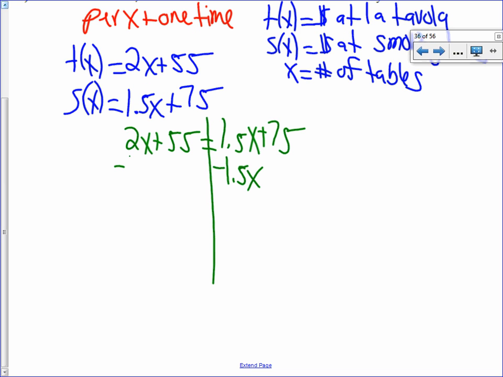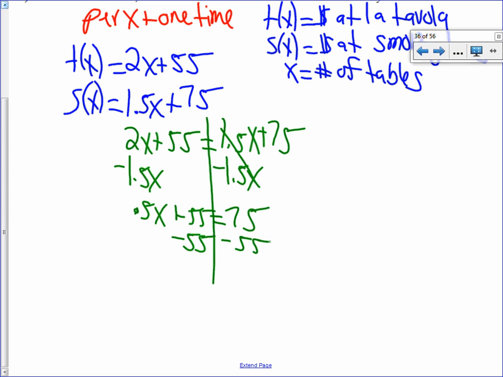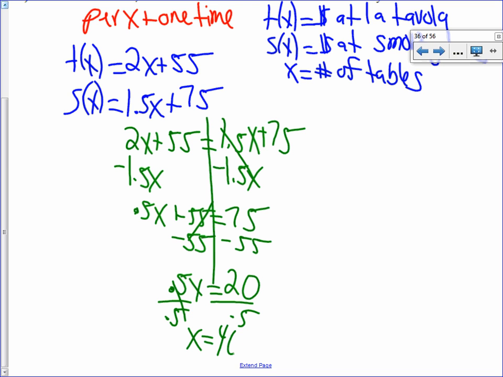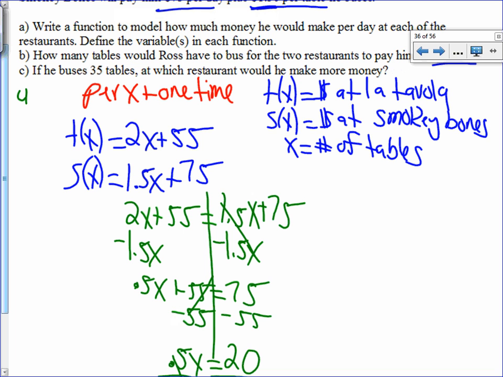Minus 1.5x, minus 1.5x. 0.5x plus 55 equals 75. Minus 55, minus 55. 0.5x equals 20. Divide by 0.5. Divide by 0.5. X equals 40. So, 40 tables.